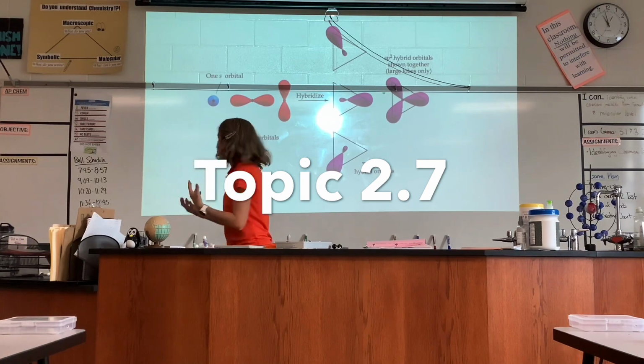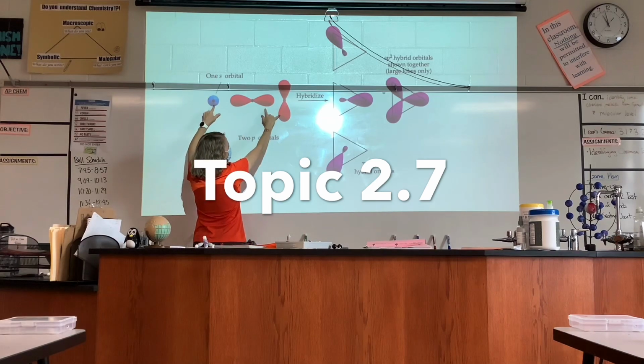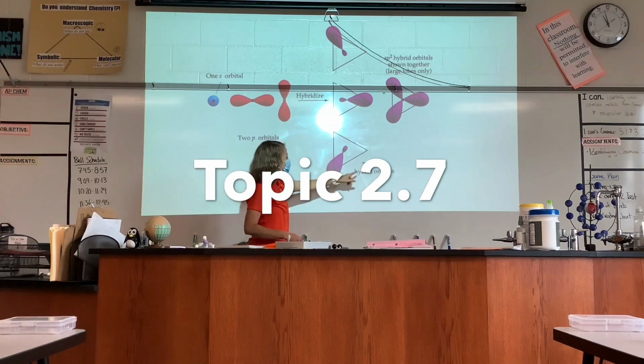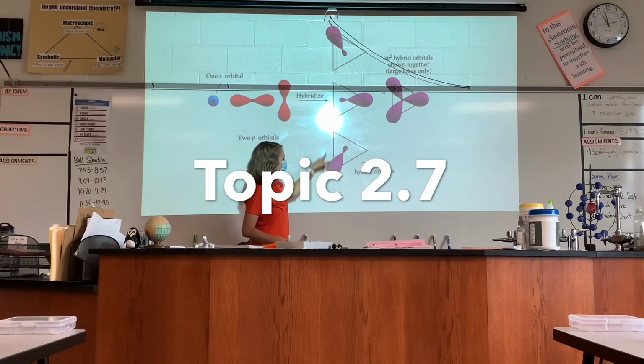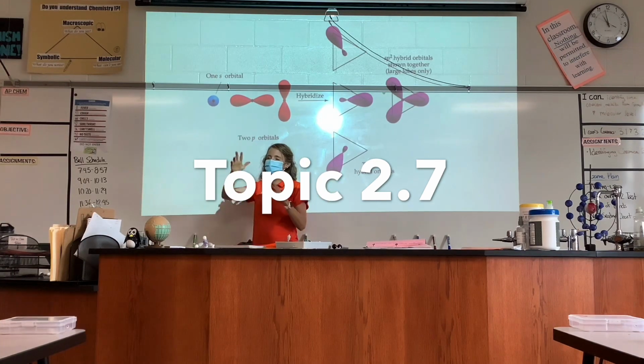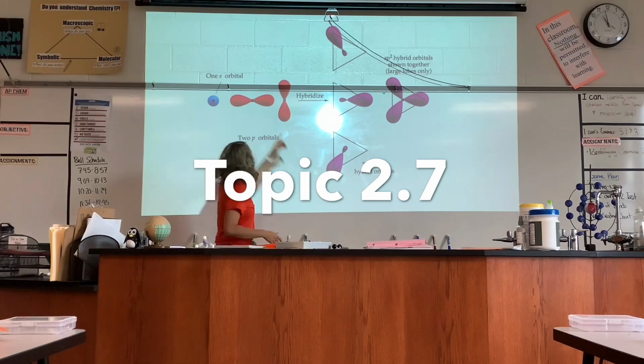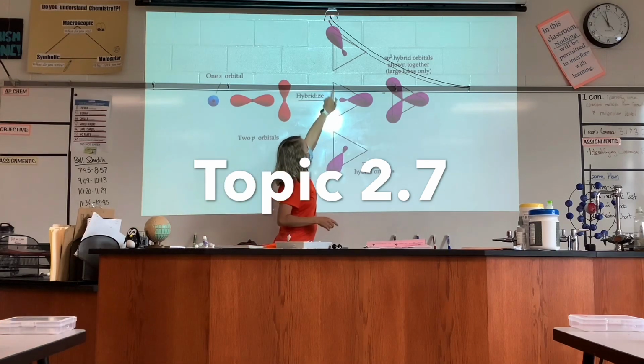So instead of these three, they turn into a hybridized sp2 orbital. So this funny looking guy is known as an sp2. It's a blend of these three. Notice that the number of orbitals stayed the same, right? 3 orbitals, still 3 orbitals, but now they're all equal in their distribution.